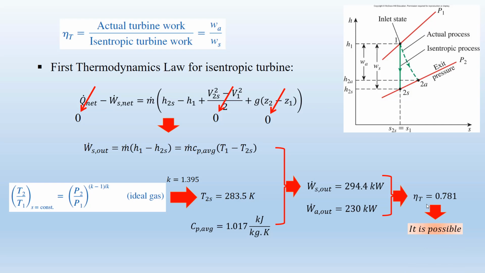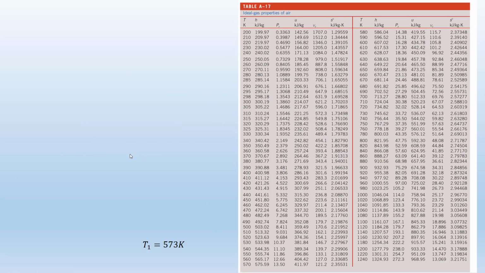You can also calculate this W by using m dot times H1 minus H2S. How? If you want to calculate the H1 and H2, you need to use table A17. The T1 is now 573, so 570 is here, 580 is here. You need to do the interpolation to find the enthalpy.